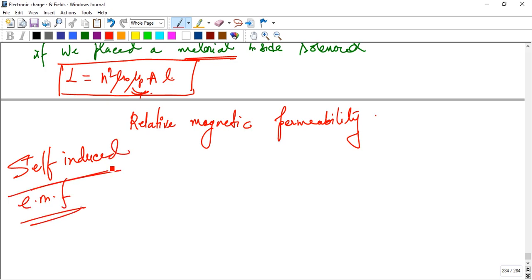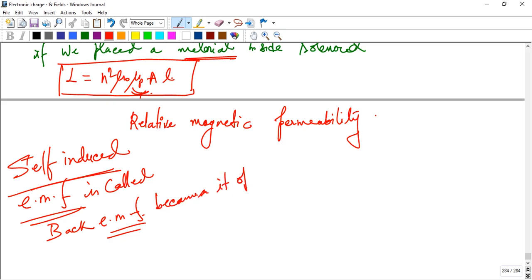It is called back EMF because it opposes the changing current.